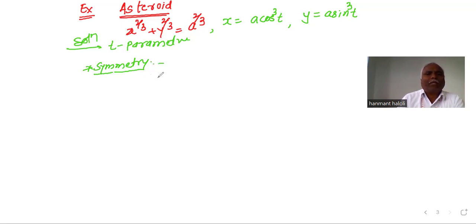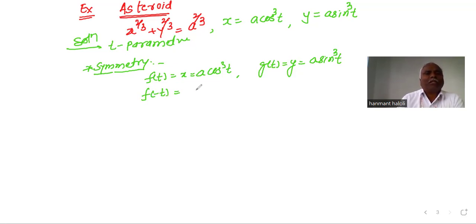Now here f of t is equal to x, which is nothing but a cos cube t. And g of t is nothing but y, which is equal to a sin cube t. If you replace t by minus t, this becomes x equal to a cos cube t itself only. Why? Cos of minus t equal to cos of plus t. Here it is unchanged.